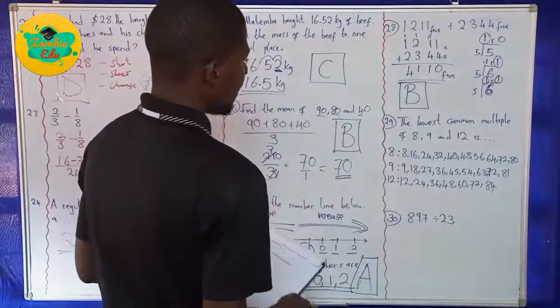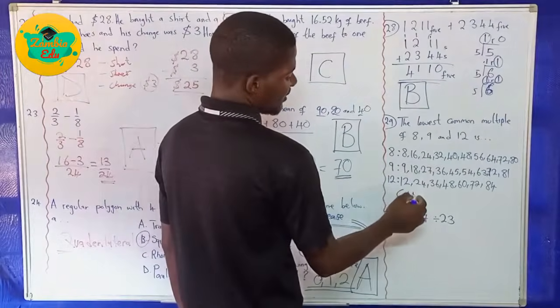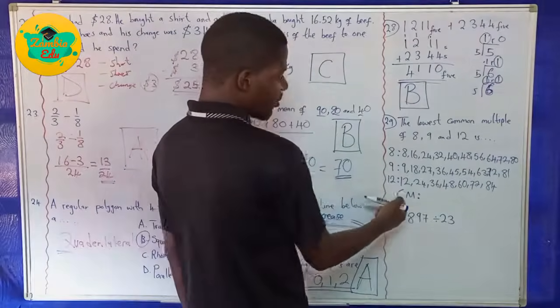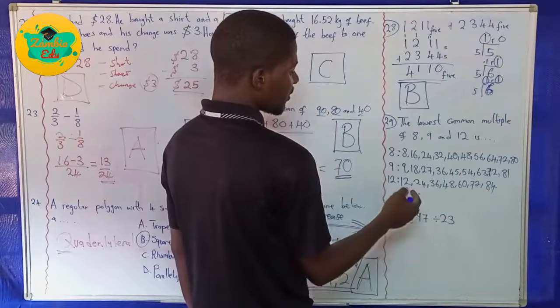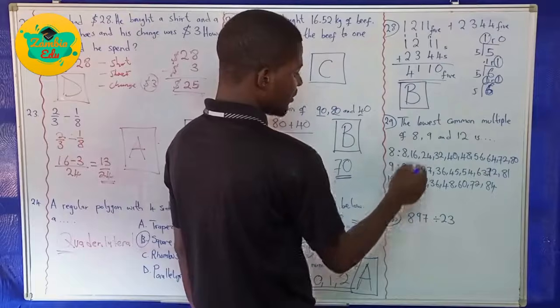Now, what is the LCM? The LCM requires us to find the lowest common multiple. So what is common in all the three?